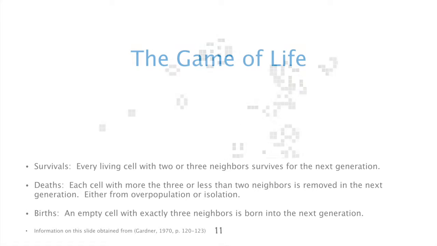Let's look at some examples. First, if you just have an isolated cell, in one generation it'll die. It doesn't have any neighbors, so it goes away. If you have 3 cells right next to each other, the cell above and the cell below that line each have 3 neighbors, so they'll be born. The cells on the end of the line each only have the center neighbor, 1 neighbor, so they'll go away.